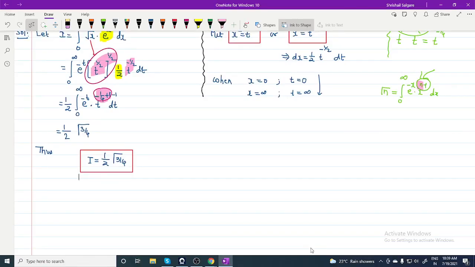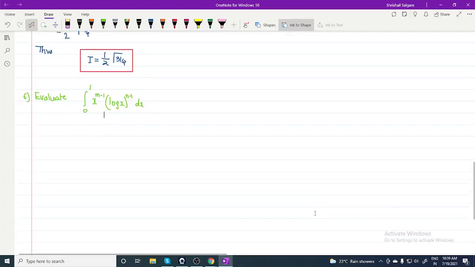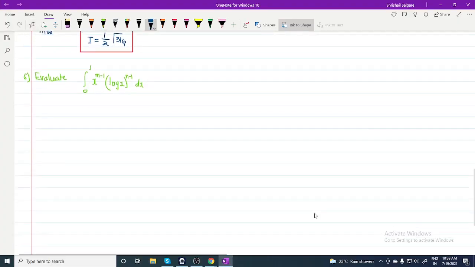Evaluate the integral from 0 to 1 of x raised to m minus 1 into log x raised to n minus 1 dx. Okay, this is the next type. This is the third type of example.